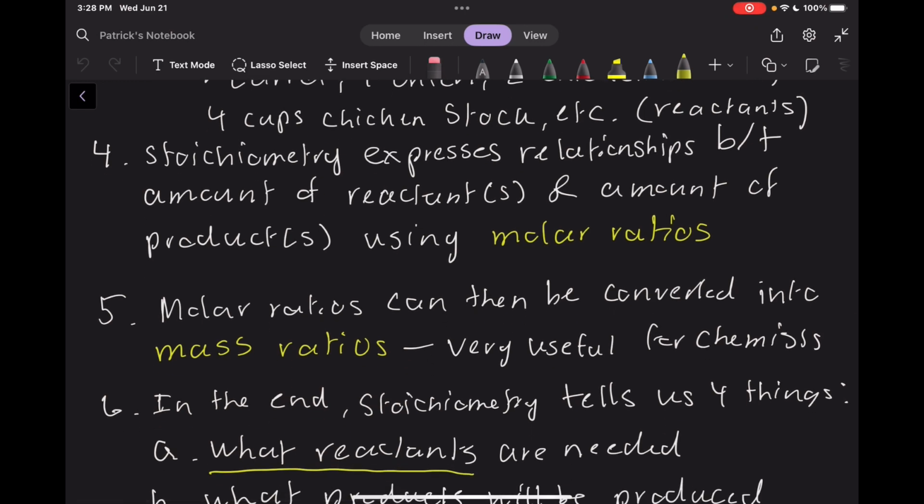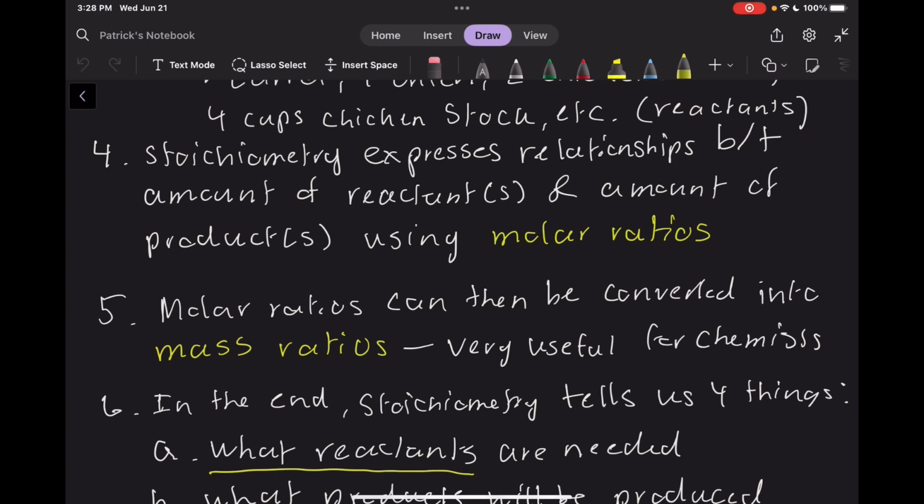Stoichiometry's usefulness comes from its ability to express the relationships between the amount of reactant and the amount of product using molar ratios. We might remember from our math classes that a ratio is a numerical relationship between two values. For example, let's say we have a pizza that can be sliced into 8 decently sized slices.